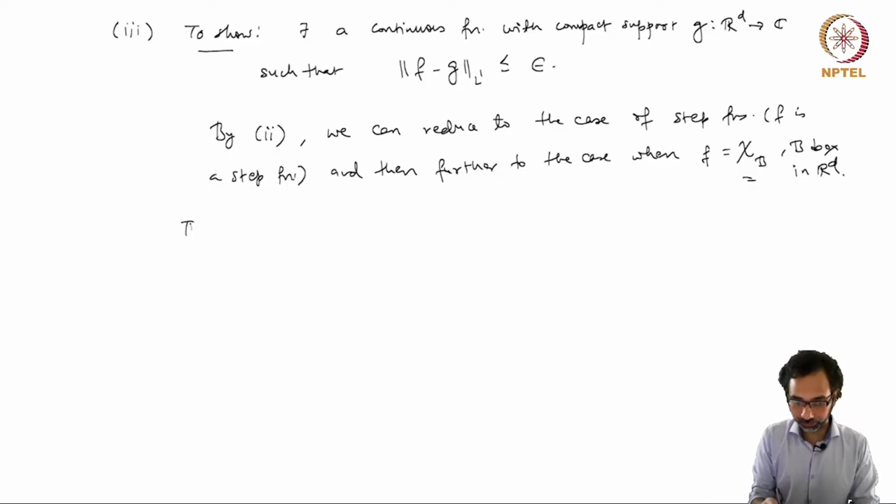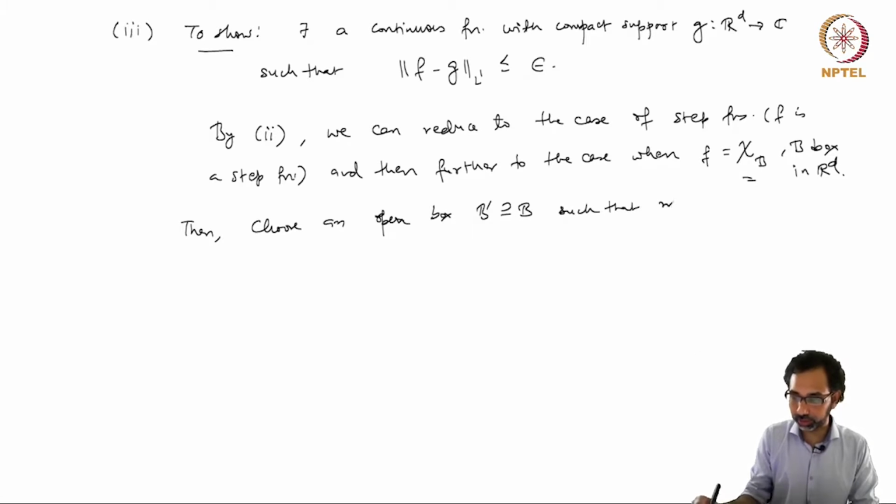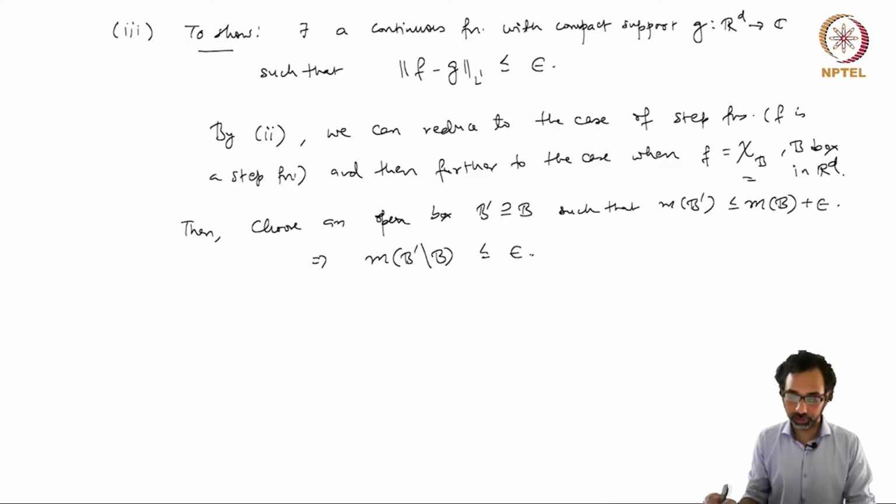So then choose an open elementary set, an open box B prime containing B, such that the measure of B prime is less than or equal to the measure of B plus epsilon, which means that the measure of B prime minus B is less than or equal to epsilon.